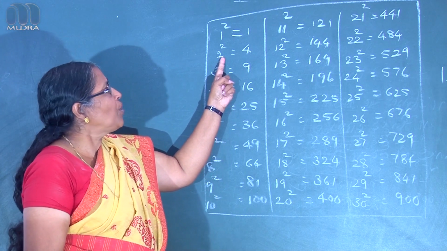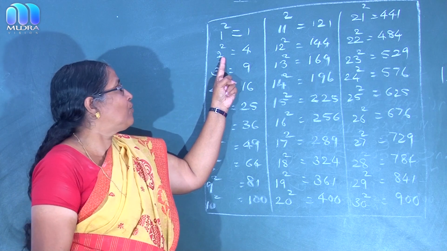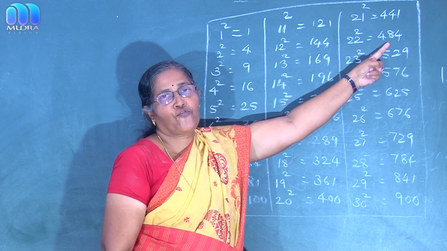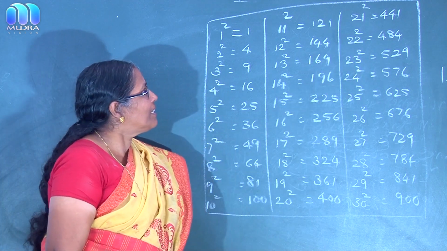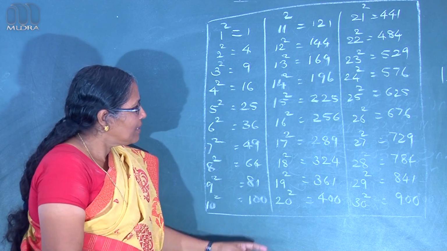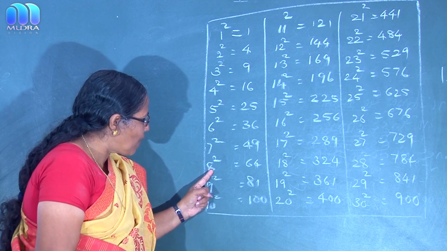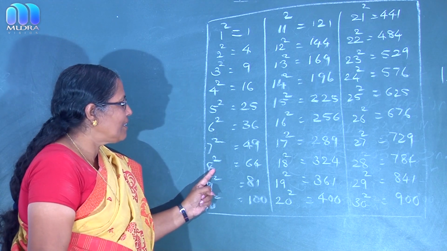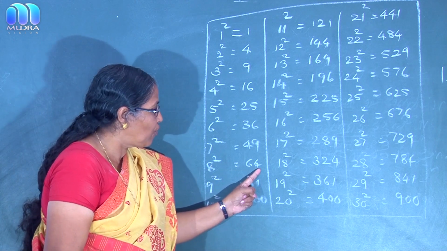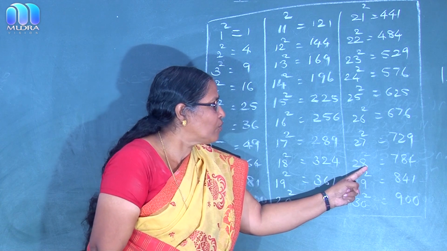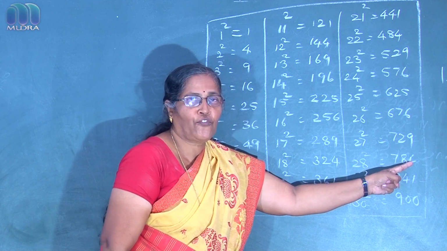If the unit place of a number is 2, its square ends with the number 4. Is there any other square number having the unit place 4? Yes, we can find here that 8 square is 64, 18 square is 324, 28 square is 784.